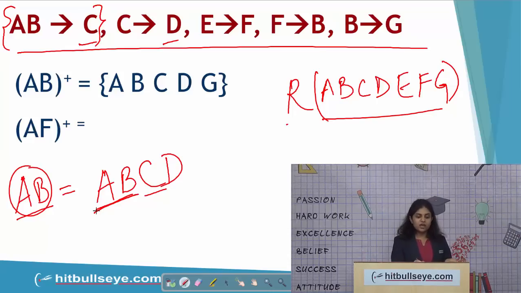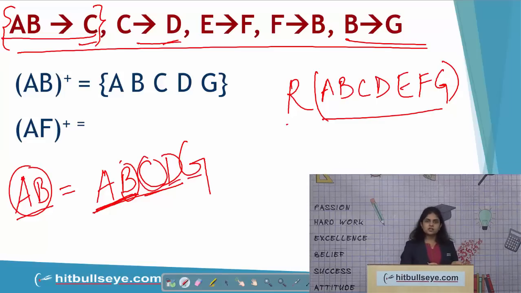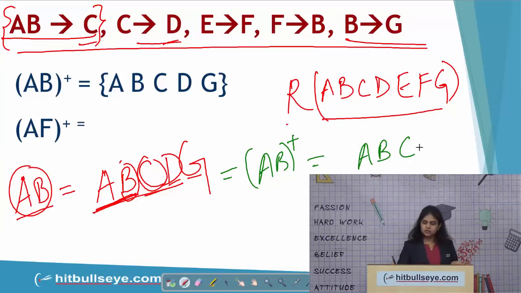No. From any of these, anything can be added? Yes. From B, there is one more functional dependency. So I can add G to the list. So what do we understand here is, the attribute closure of A, B is A, B, C, D, G.